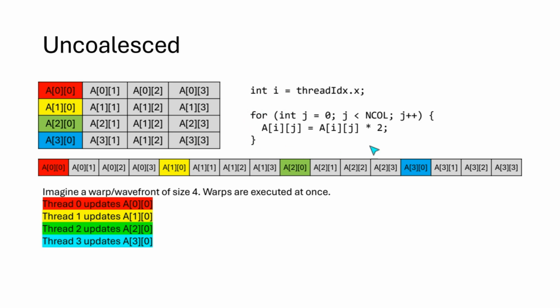Normally we have this for loop, and what we do in sequential, when we have a thread on the CPU, is for each thread I take one of the rows with I, and then I iterate through the columns.